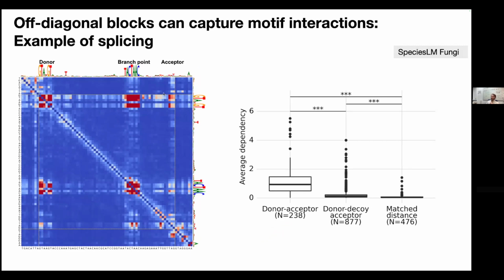And you can see a dependency between the donor and the acceptor and the donor and the branch point. And in introns across yeast, dependencies between the donor and the acceptor are higher than dependencies between donor and decoy acceptor, so sequences that look like an acceptor but are not a canonical one, or dependencies at matched distances.